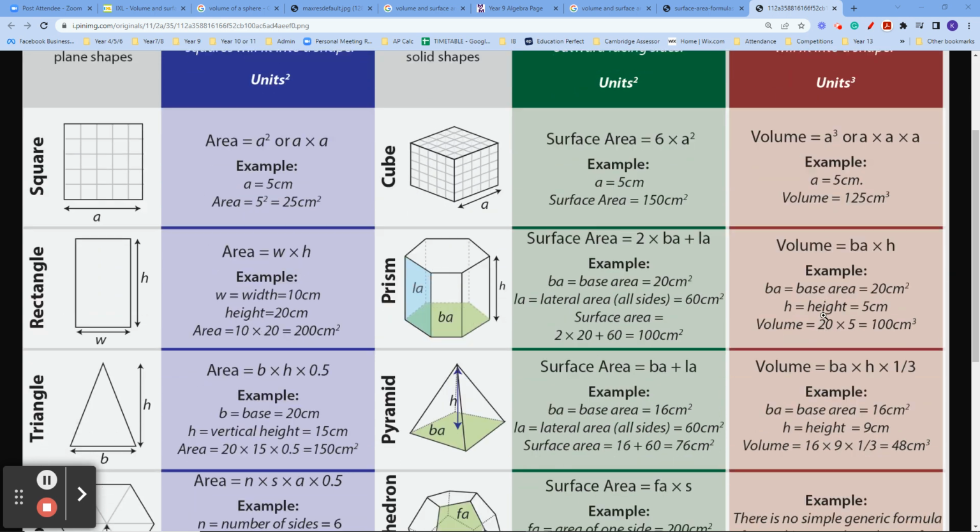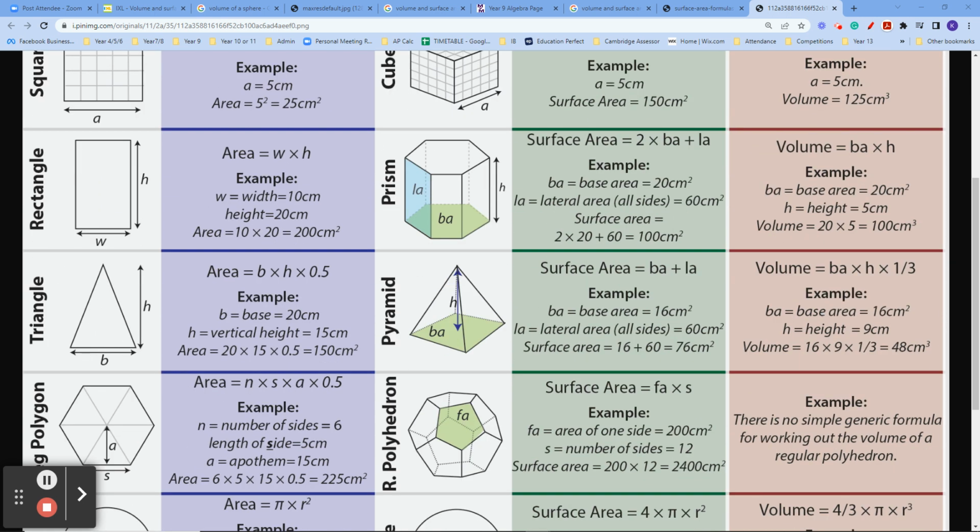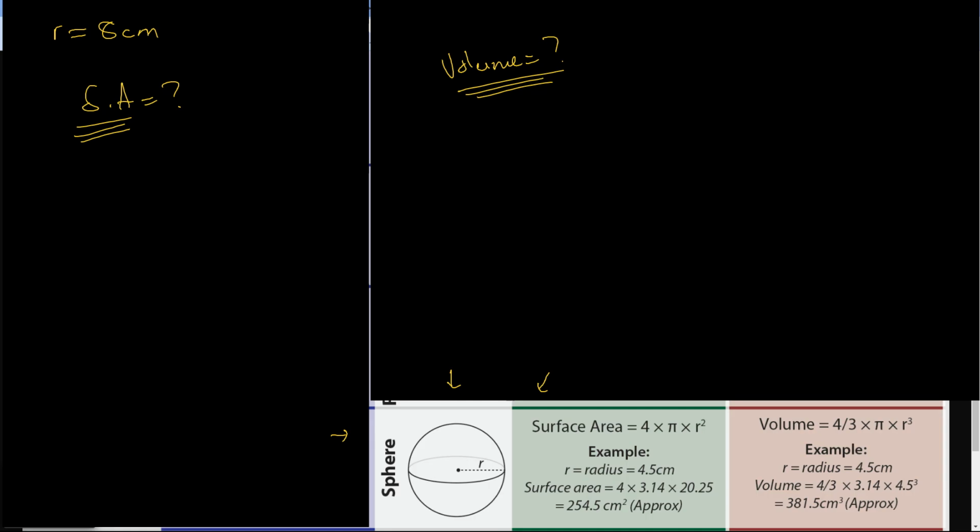You don't have to remember them every single time, so it makes it much easier. So there's the surface area and volume formula at the bottom of the screen. Now let's calculate the surface area and the volume using substitution.